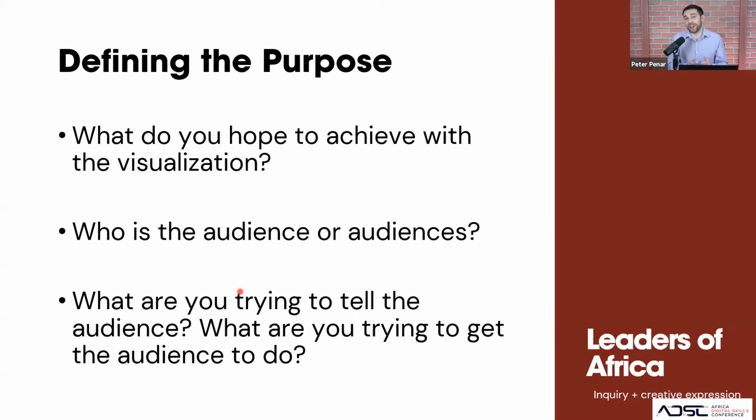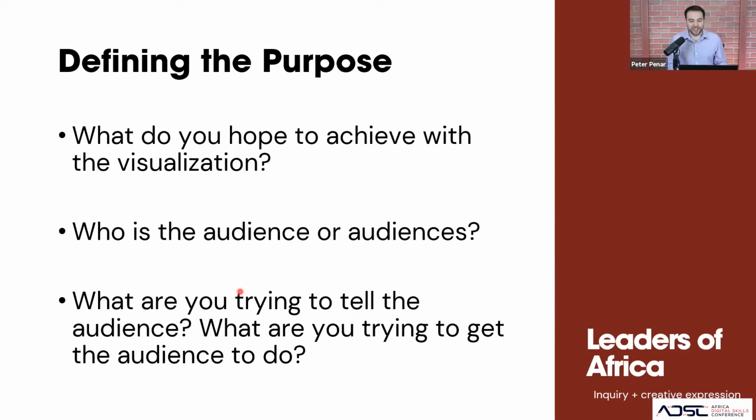So be prepared to share as I explain the last question, which is, what are you trying to tell the audience? And the second question is, what are you trying to get the audience to do? Because many of us are actually trying to get our audiences to do something with our visualization, right?